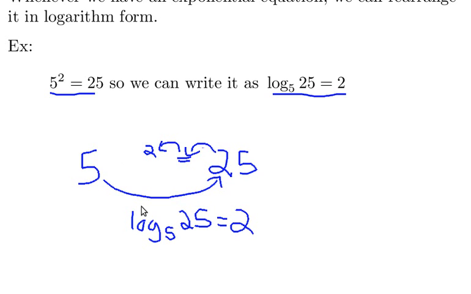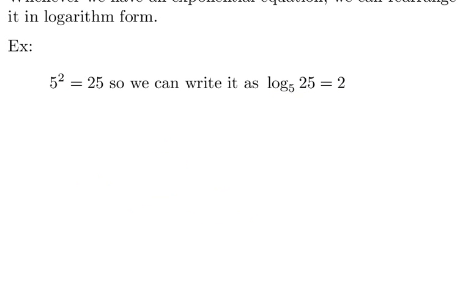So let me do a couple more examples just to nail it down. For example, let's say that 3 to the 4 equals 81. That's something that we know. We can all agree that 3 times 3 is 9, so square 9 and you'll get 81. Let's write this in logarithm form. 3 to the power 4 equals 81.